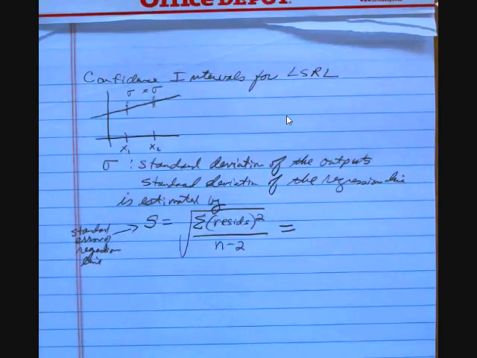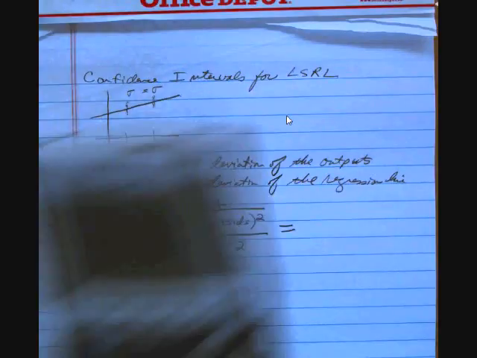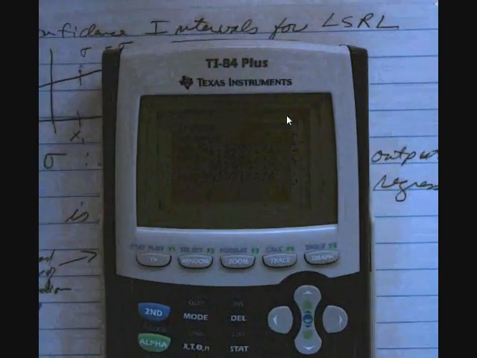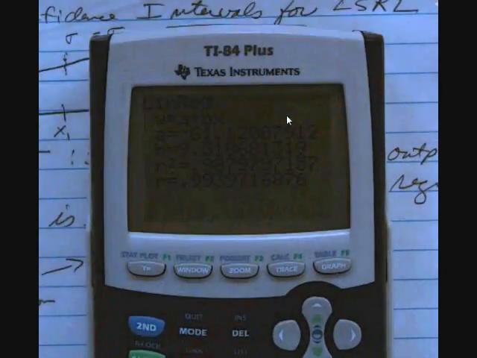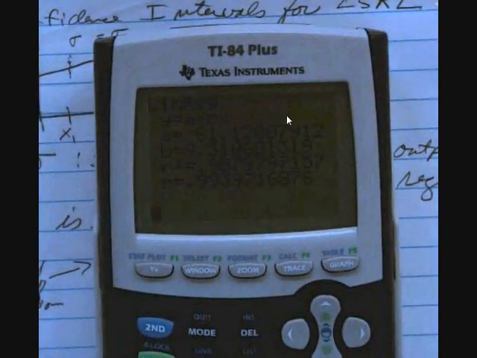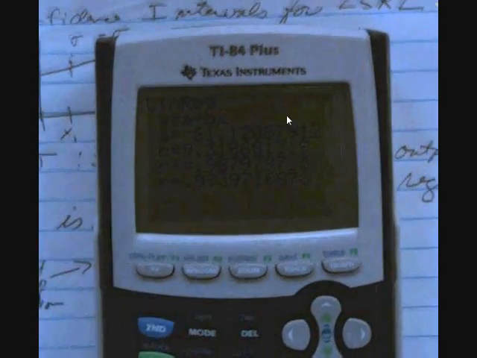So let's calculate this. The first thing you've got to do is run a linear regression so that you get the right set of residuals. So let me zoom in here.